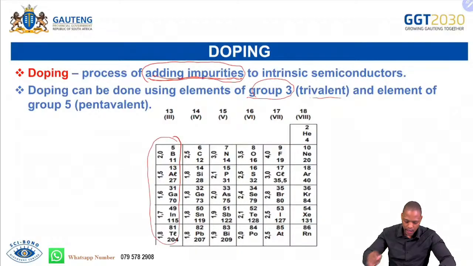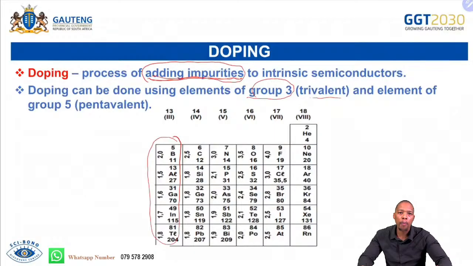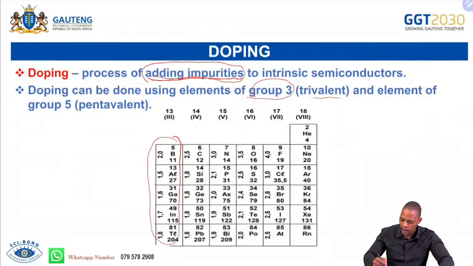These are the elements that I can use to dope a pure semiconductor like silicon and try to make it conduct electricity. Or I can also dope by using elements in group 5. What elements are in group 5? This is group 5. These are the elements that are found in group 5.